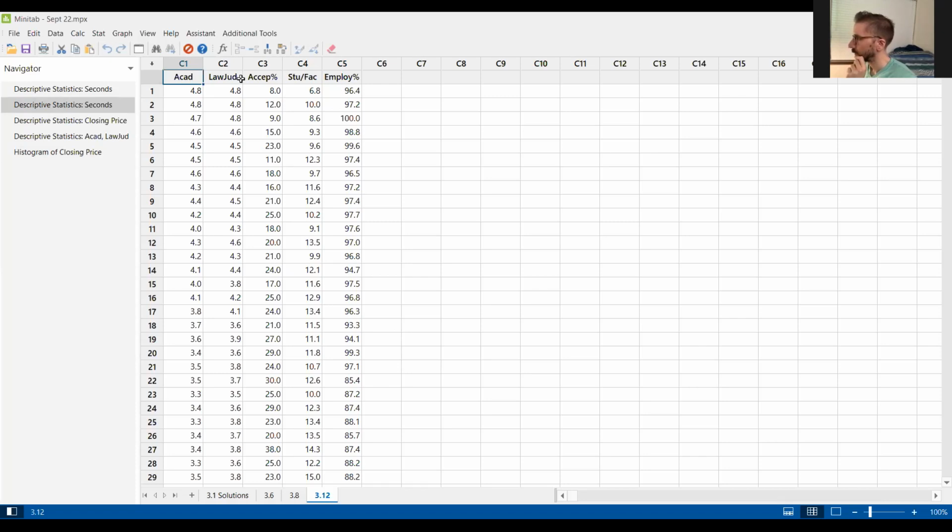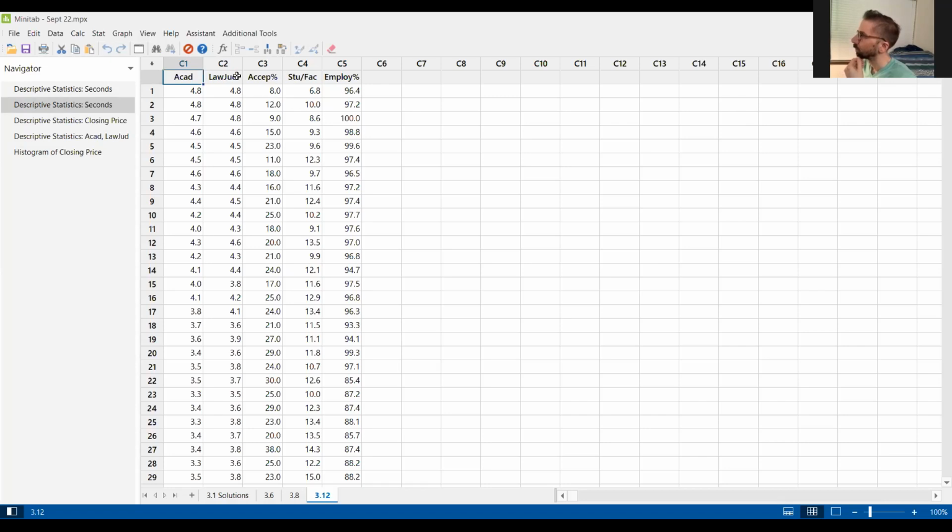So anyway, they want you to compare the mean and median scores for both the academic group and the lawyers and judges group. They want you to see if there's any skewness to these two groups.